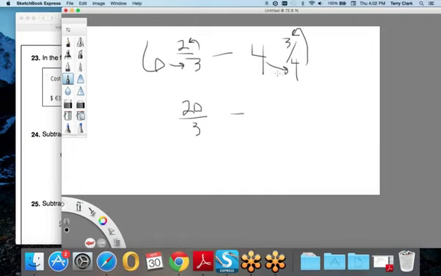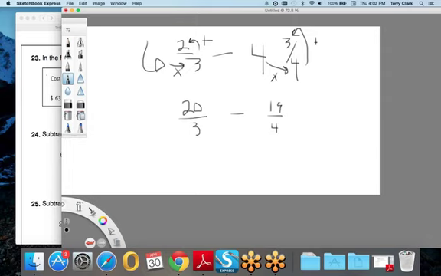Then 4 times 4, and I'll put a times table there so you can see what I'm saying, plus the 3. That's why we call it around the world. 4 times 4 is 16, plus 3 makes 19, and that's going to be 19 over 4.